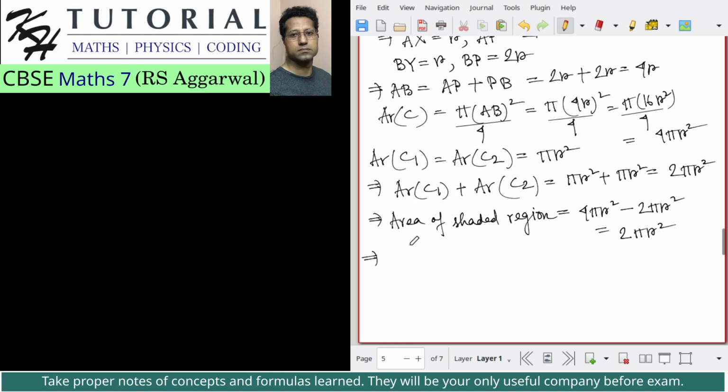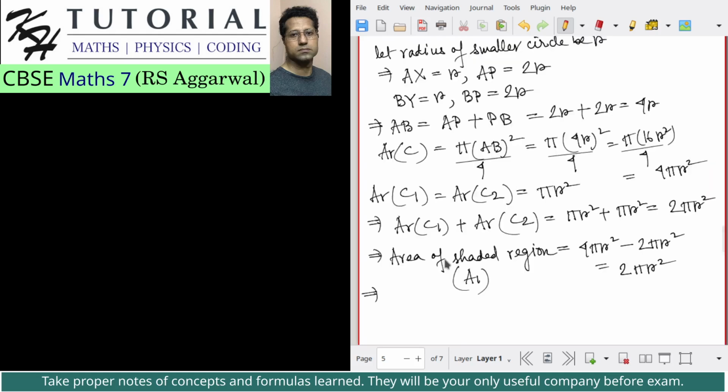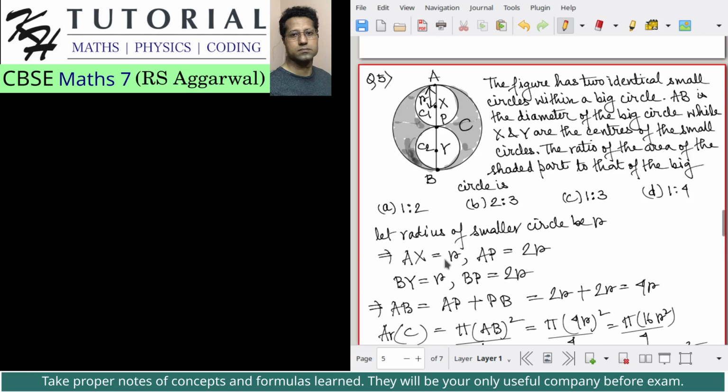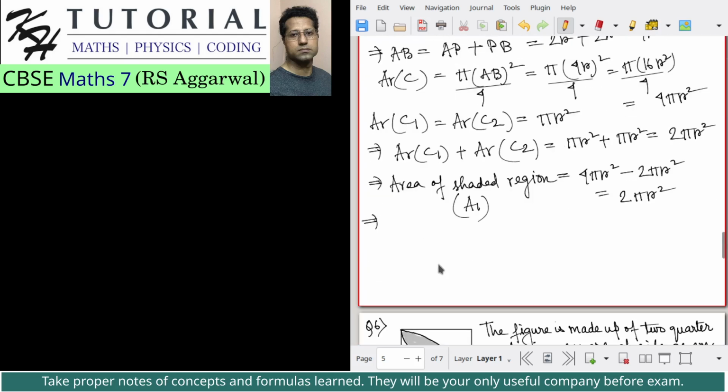So let's say the area of the shaded region be A1 and the area of the bigger circle be A2. The ratio is of the area of the shaded part to that of the big circle. So we have A2 is equal to 4 pi r square, and the area of the shaded region, that is A1, is equal to 2 pi r square.